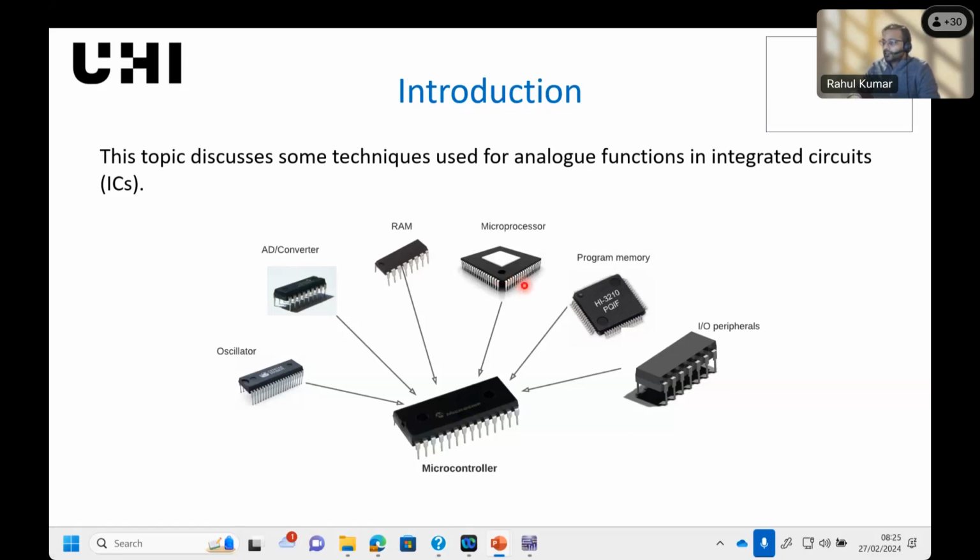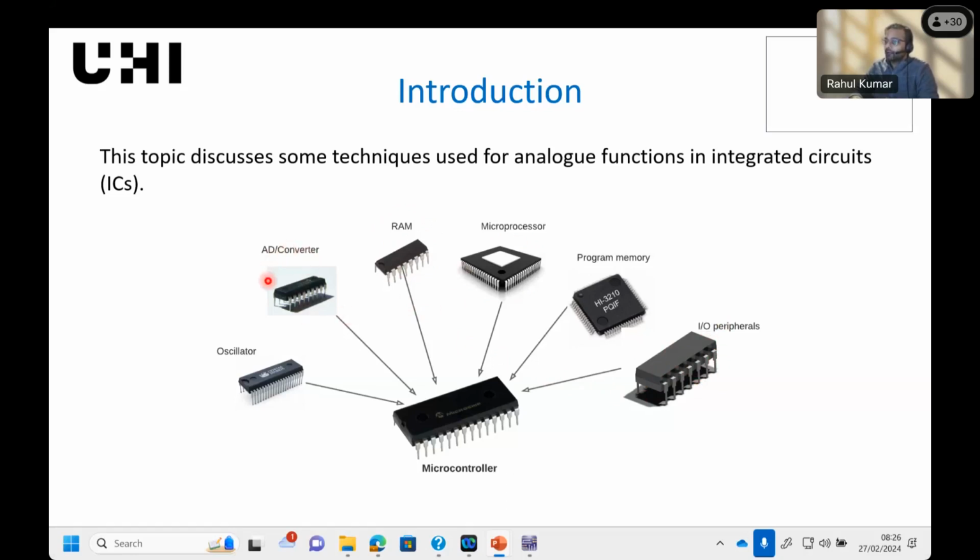Along with the processing unit, a microcontroller also has a memory, which is called random access memory, or RAM. Then they would also have some input output peripherals to connect your input and output devices.